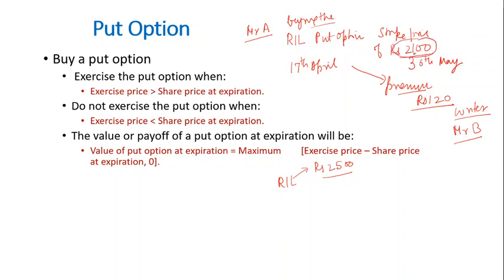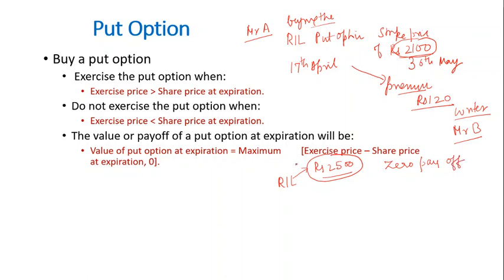No, he will not be exercising the choice, because the Reliance price in the stock exchange has gone to rupees 2500, and therefore this contract will give him no payoff. It will lead to zero payoff. There will be no benefit from this contract which Mr. A has purchased.